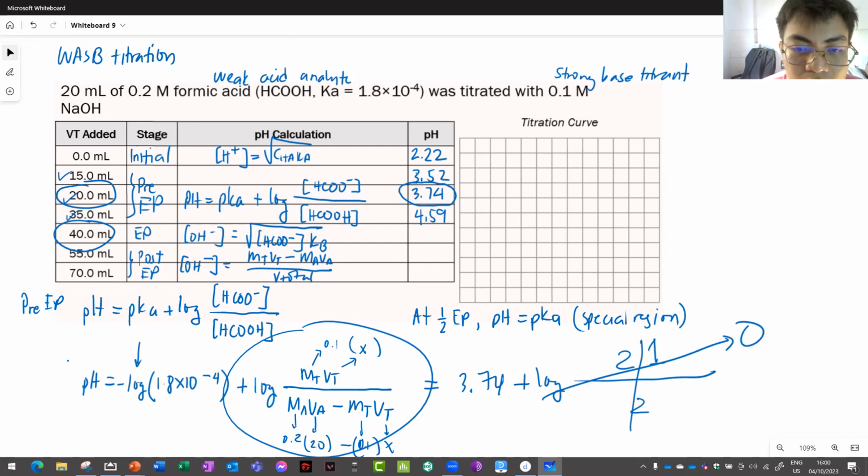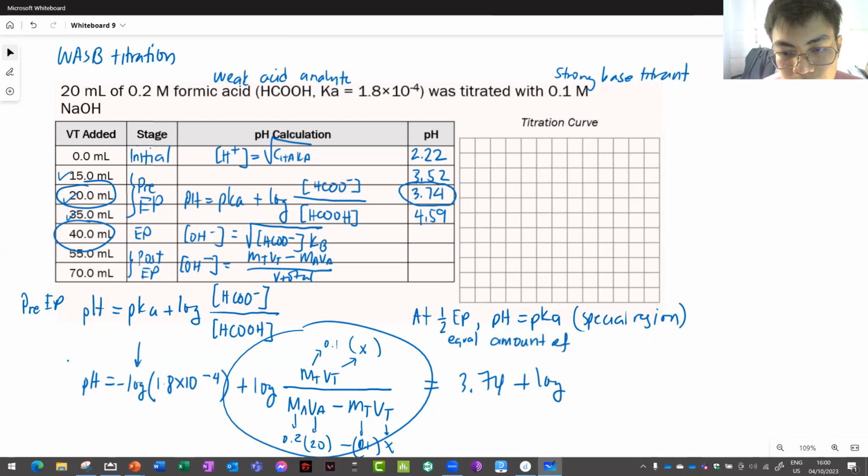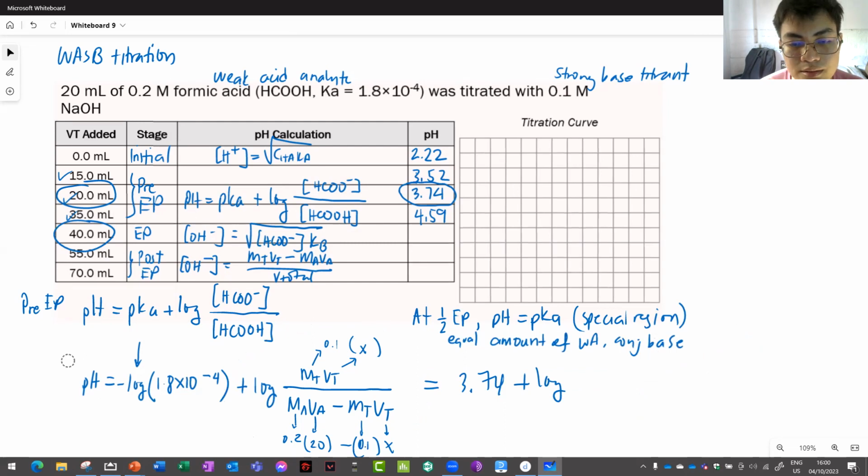You have an equal amount of the acid and the conjugate base. So yun, a weak acid and the conjugate base. Okay? So ganun. So kaya siya special region. Okay?